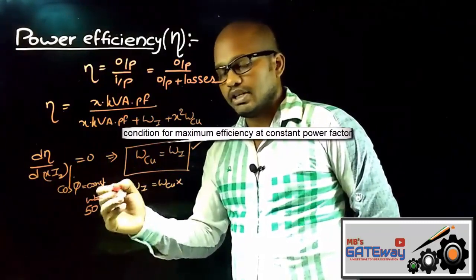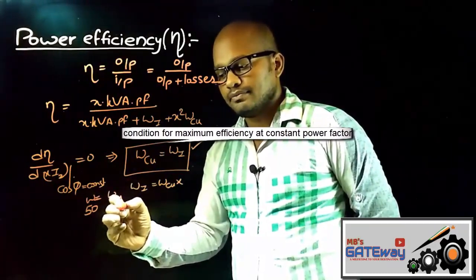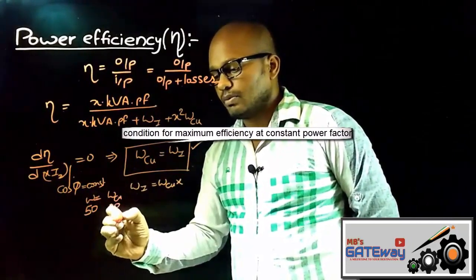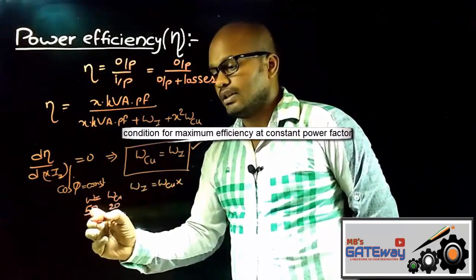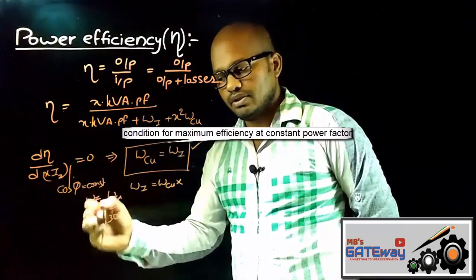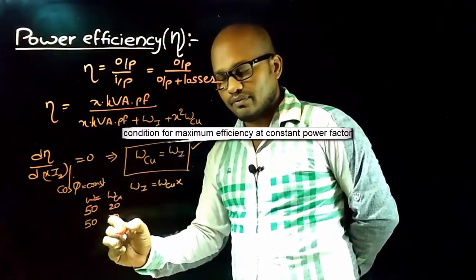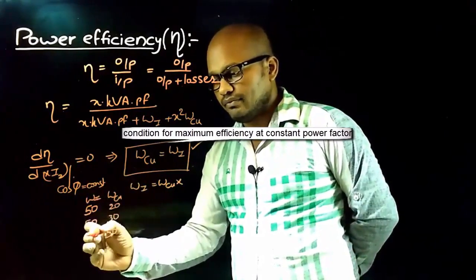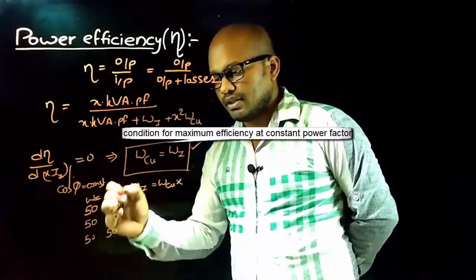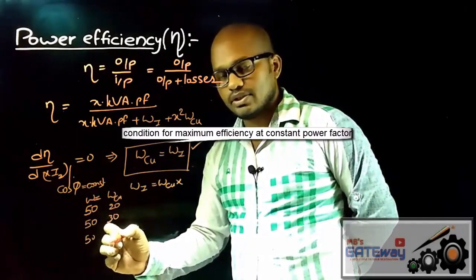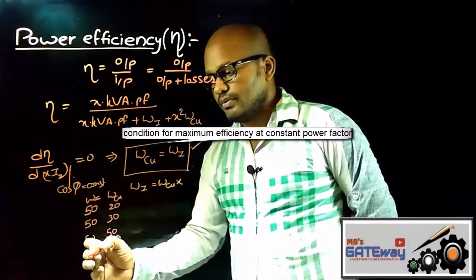So let us suppose at a particular load the copper loss is 20, and for another increased load the copper loss be 30 and the iron loss will be 50 because it is constant, and for further increase in load the copper loss be 50 and the iron loss will be 50, and for further increased load copper loss will be, let us suppose, 60, and iron losses will be 50.